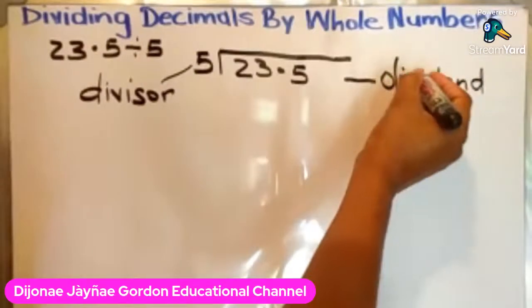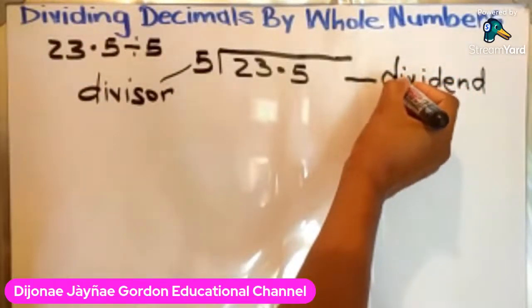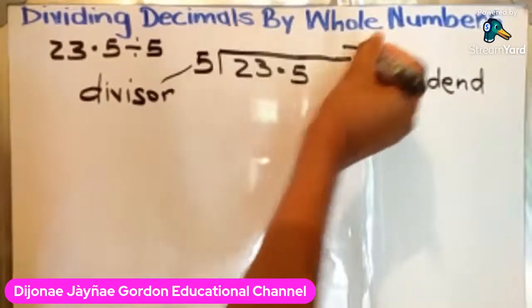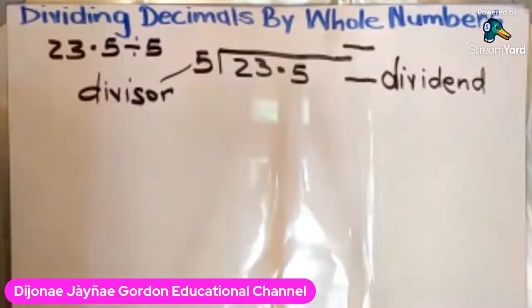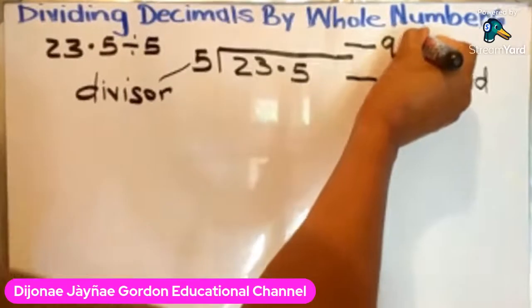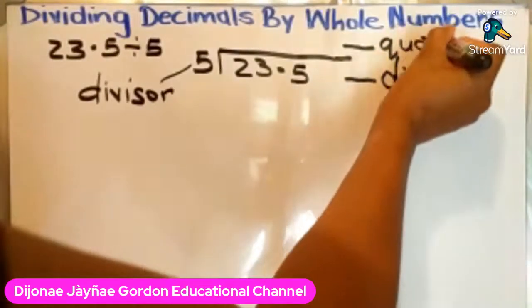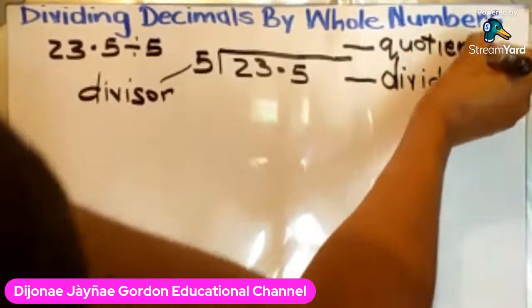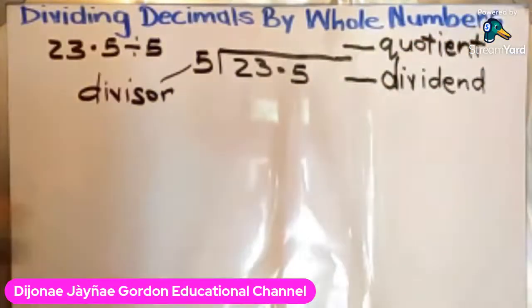That's the word dividend. And of course, your answer that you will get is known as your quotient, Q-U-O-T-I-E-N-T.